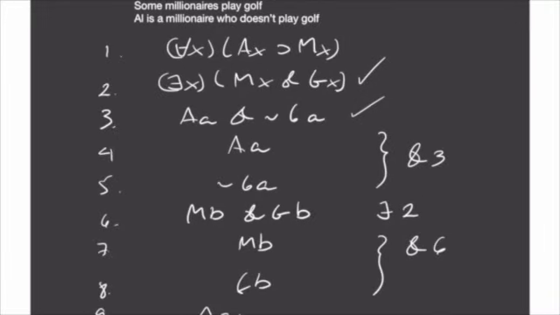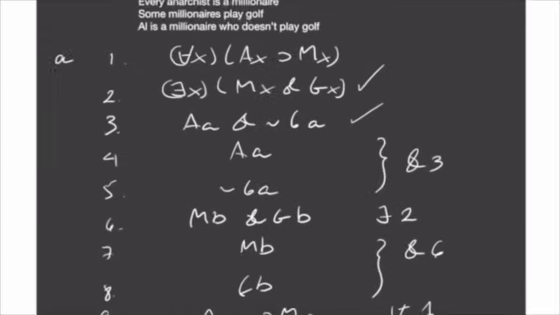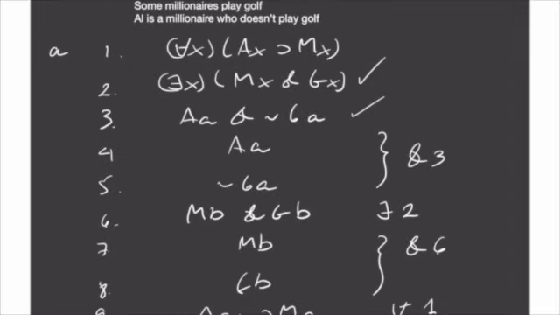AA and MA. And so here this is by the universal in 1. And I write the name here, A. Okay, and this is a conditional.